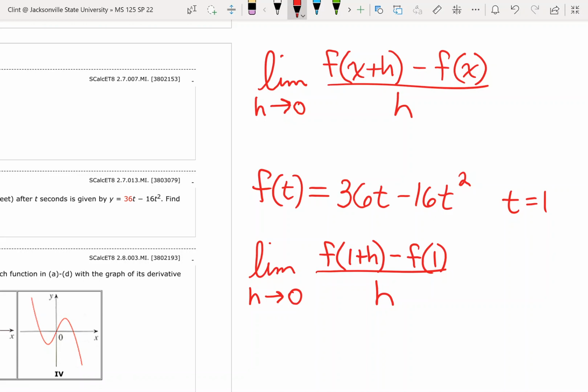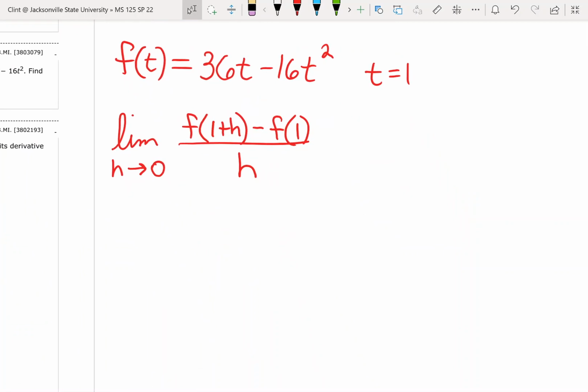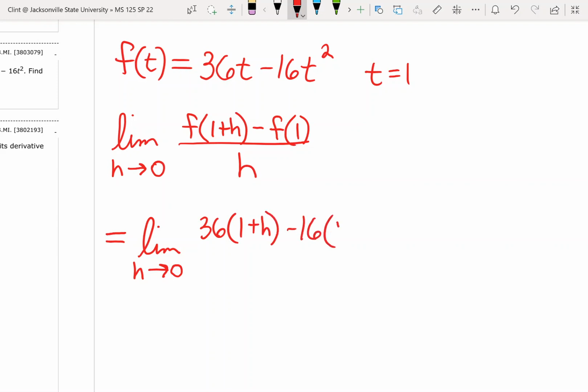Okay, so that's the thing we've got to find. 36 times 1 plus h, minus 16 times 1 plus h squared, minus f of 1.